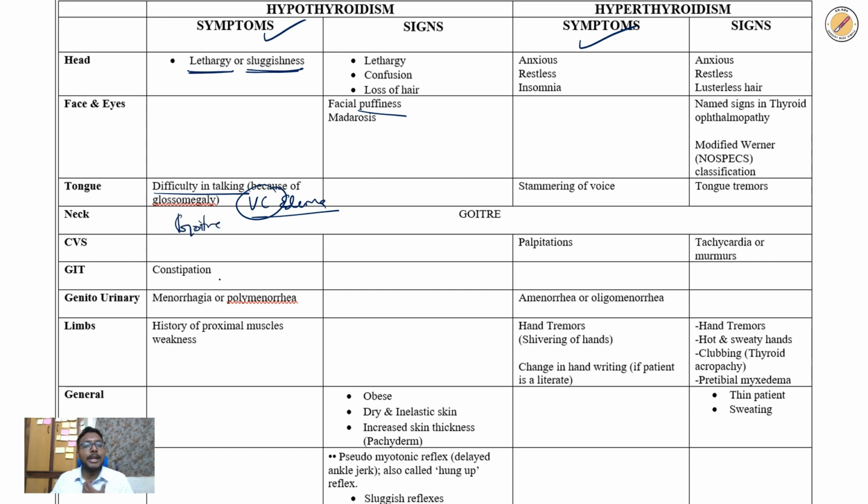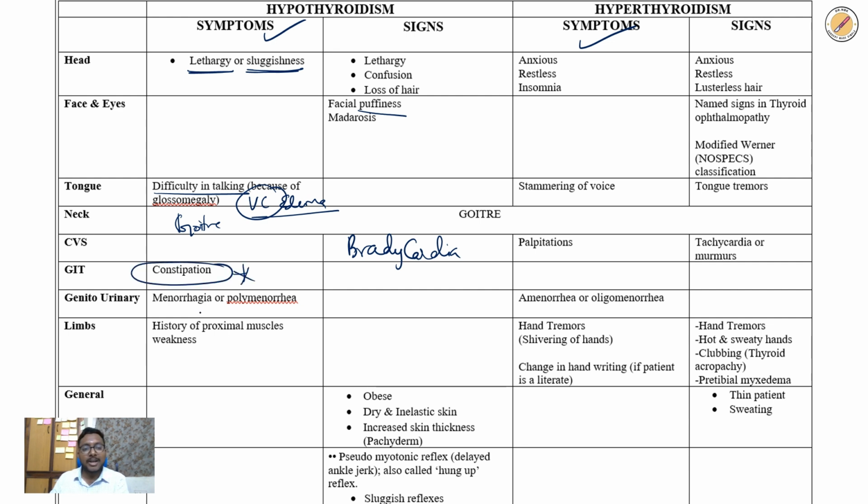Apart from that, in the CVS, in hypothyroidism, bradycardia will be there, but that is a sign. Now, coming to the GIT, please understand thyroid hormone is very essential for normal peristalsis. Whenever there is hypothyroidism, there will be decreased peristalsis that will cause constipation.